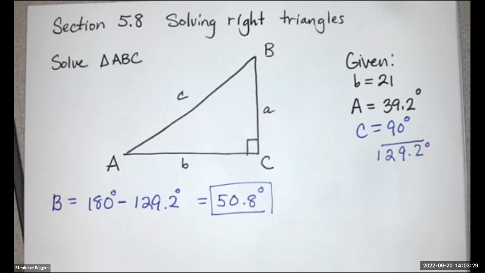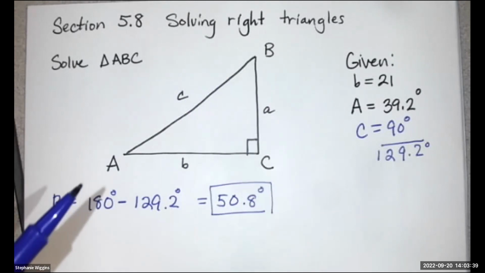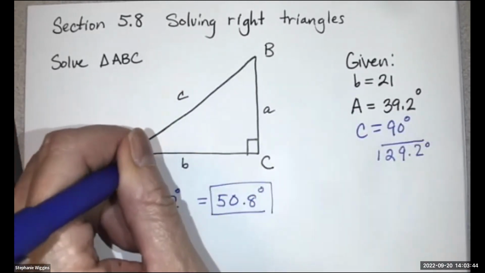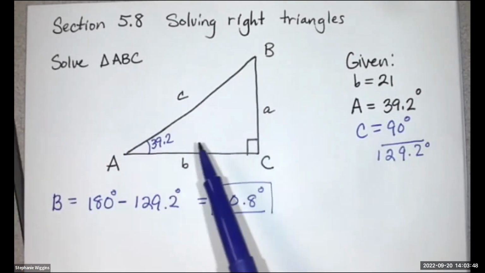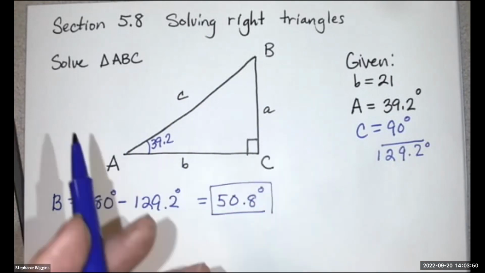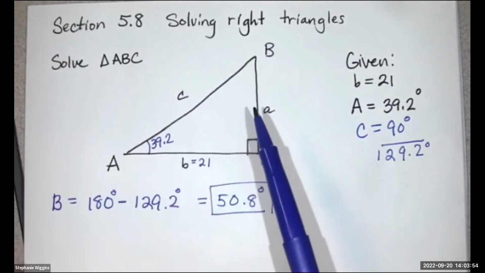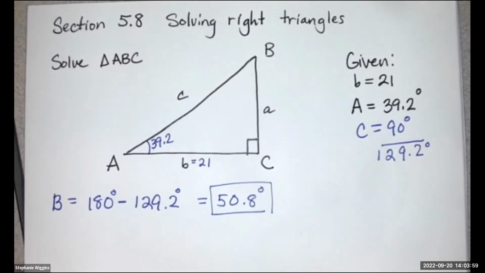Now we need to find the other 2 sides. We know b equals 21, so let's go ahead and find a. We know the angle A here is 39.2, and I'm just going to draw that in here. b is given to us as 21, and a over b is going to be tangent of 39.2.